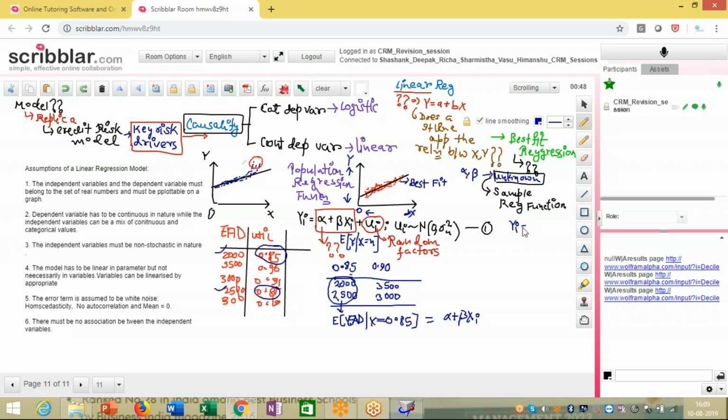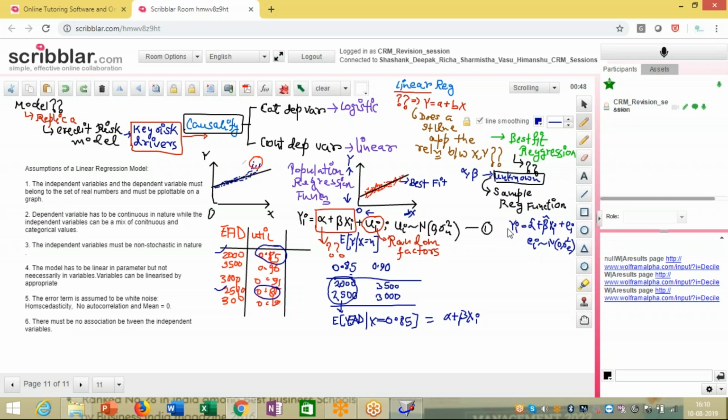yi is equal to alpha hat plus beta hat xi plus ei, where ei follows a normal distribution with mean 0 and sigma square.